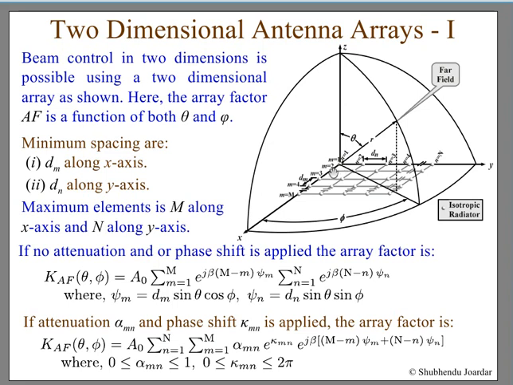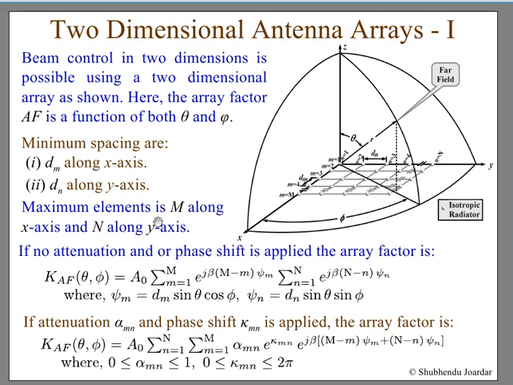Then m is equal to 2, m is equal to 3, and this is 3, this is 4, this is n. dm is this, along this direction, and dn is here. So these are the spacings.